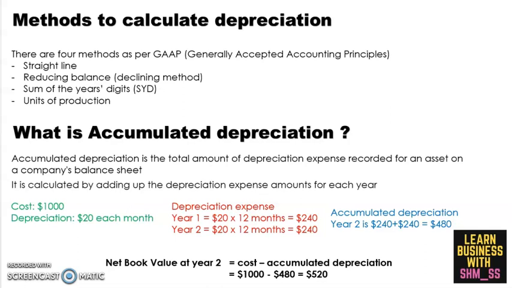There are mainly four methods to calculate depreciation, which are recommended by generally accepted accounting principles guidelines. The first one is the straight line method. This is a very popular method, and reducing balance method, in other words, we call it declining method. Sum of the year's digits, units of production. We will learn about these methods of calculating depreciation in our future videos.